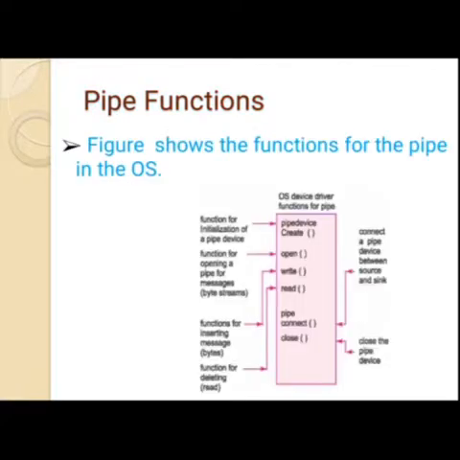Now we'll see these functions in detail. Before that, this is the functional diagram for the pipe, where we can see the different functions: device create, open, write, read, pipe connect and close.